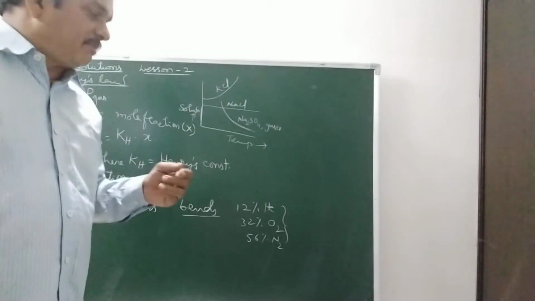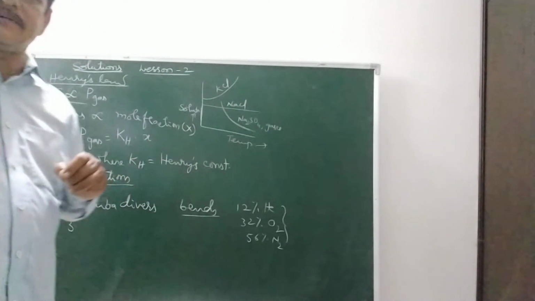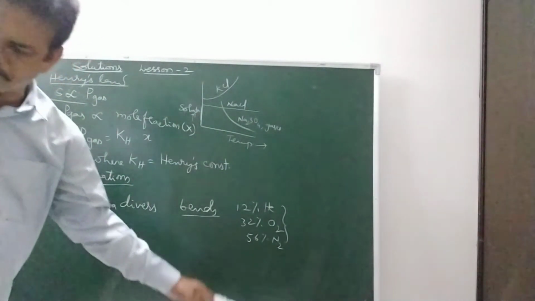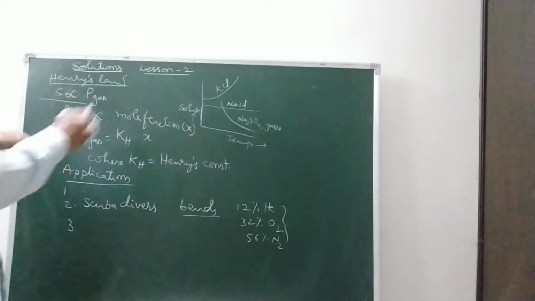That means he becomes weak. This is called anoxia. So these are the applications of Henry's law.